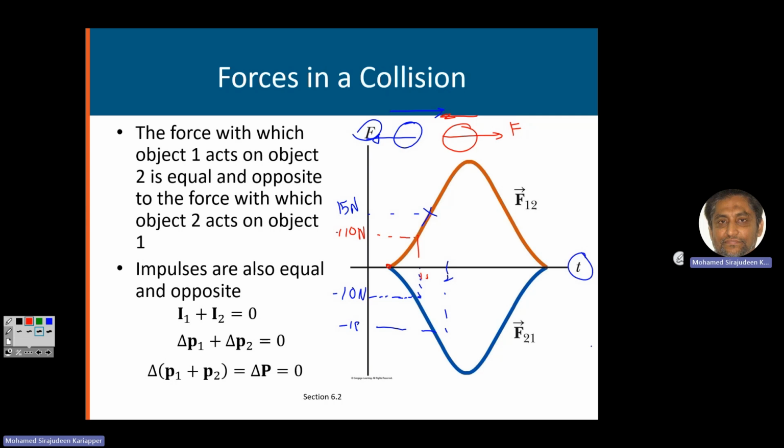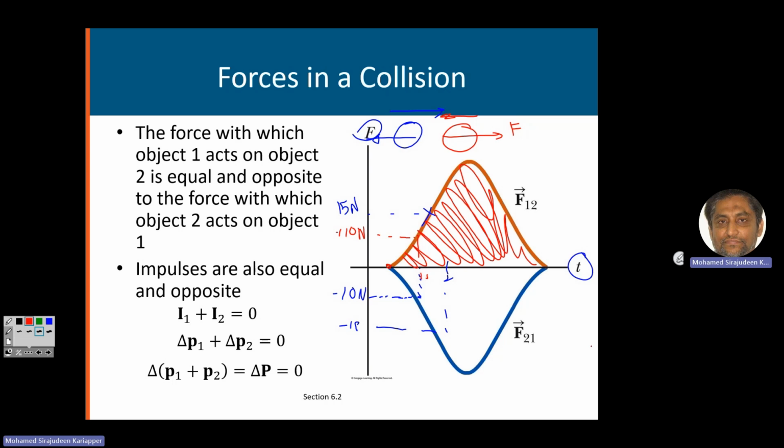All right, so I can say the impulse for the red ball is this area. That is what we said before, right? If it's a varying force, we can still find the impulse. The impulse will be the area under the curve.